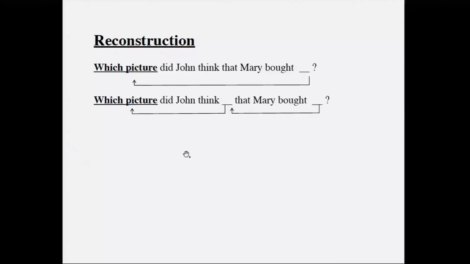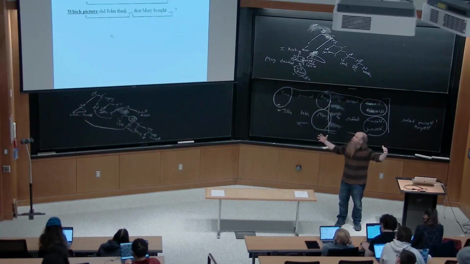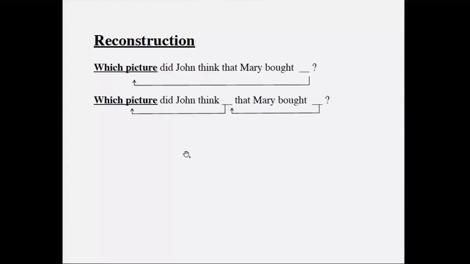Notice that John thinks that Mary bought a picture has two CPs in it. There's that Mary bought a picture, the embedded clause, and then there's the matrix clause. And we raised the question, and I gave you all of these Dinka facts that were meant to get you to take seriously the possibility that movement is what's called successive cyclic. That is, you move in short hops, you don't move in mighty leaps.